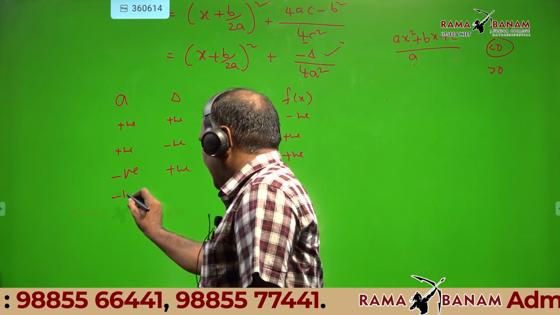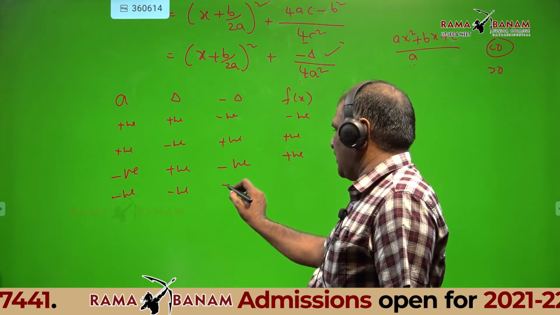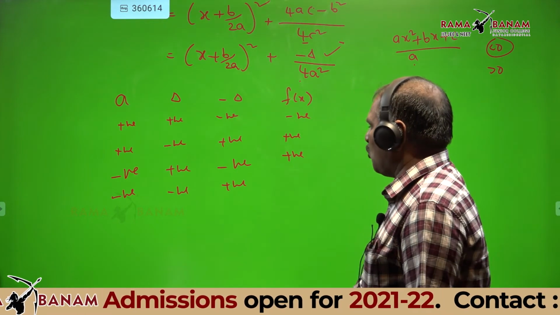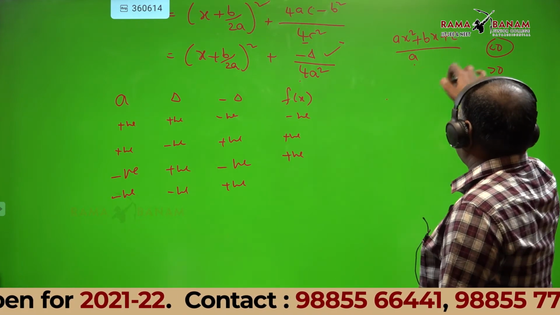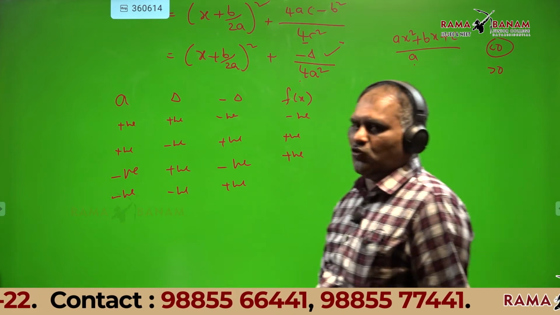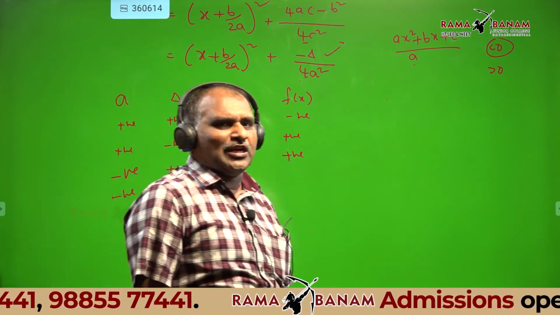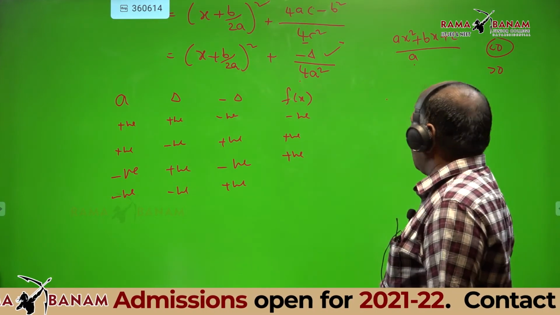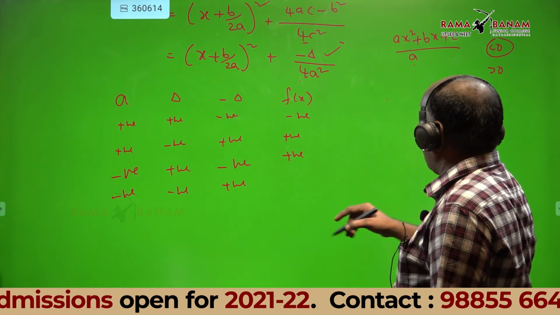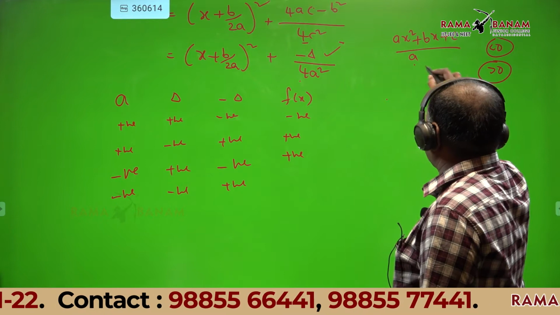Again, a negative, here also negative, minus delta is positive. Therefore, minus delta positive means the total expression must be positive. So a negative means the quadratic expression is positive.